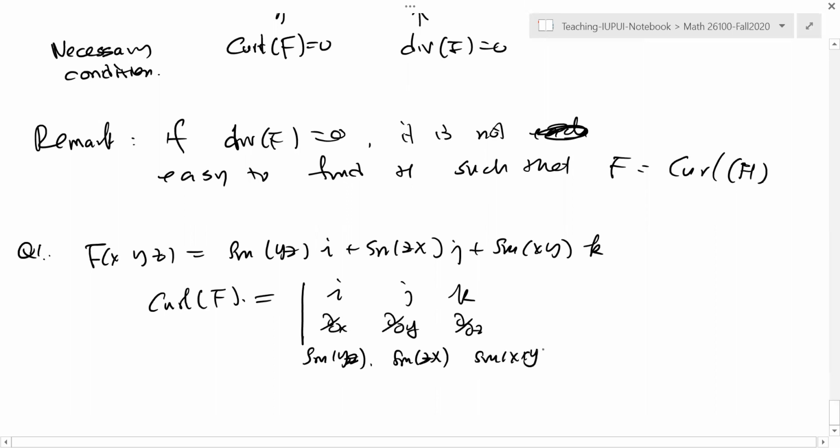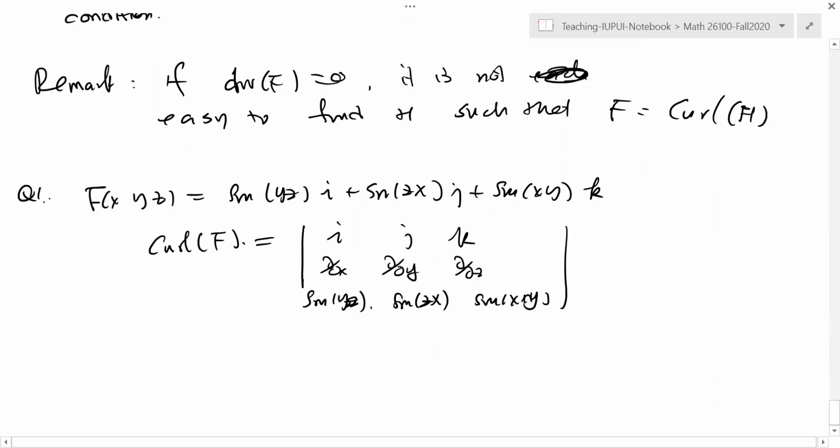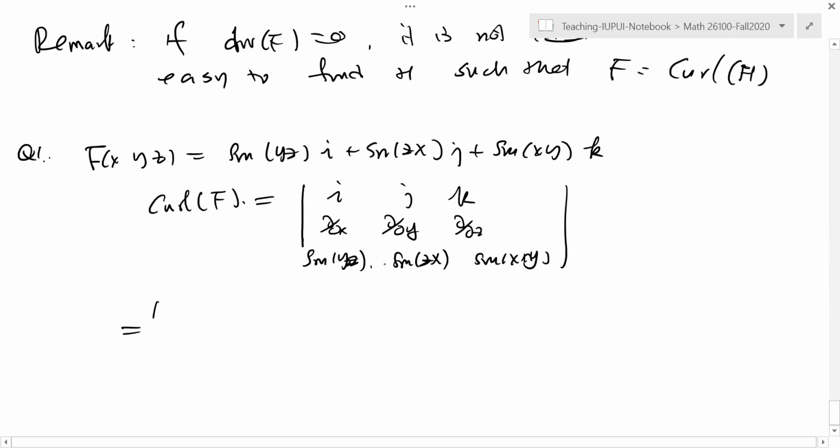Let me quickly check whether this is going to be 0. I don't think so. So I can write down the formula. Let me write down what we got. So this will be cosine xy, partial derivative with respect to y, so again x here, minus the partial derivative of cosine zx. This is i.